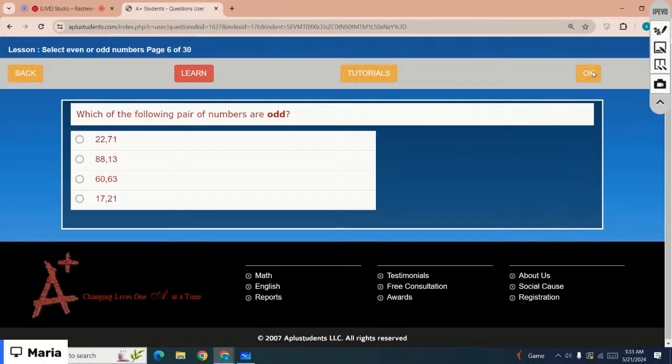Which of the following pair of numbers are odd? Which is the correct option? The correct option is the pair of numbers that are odd.